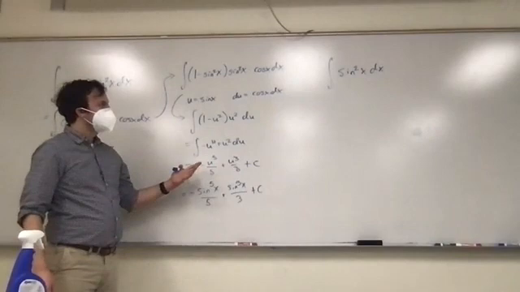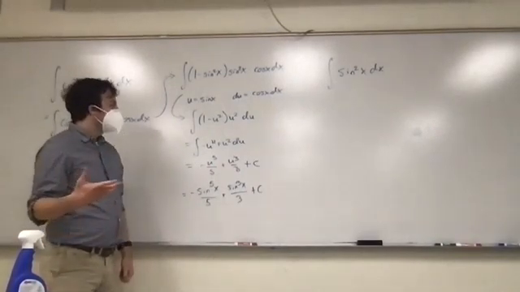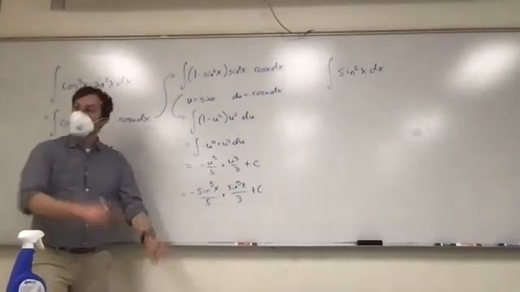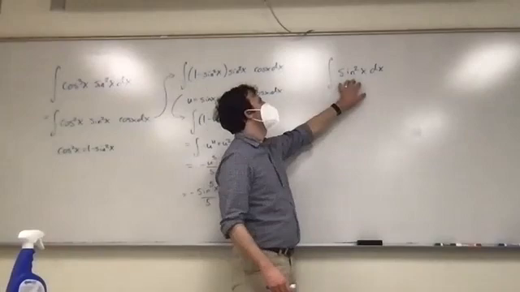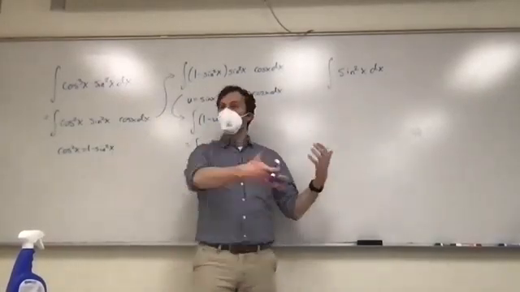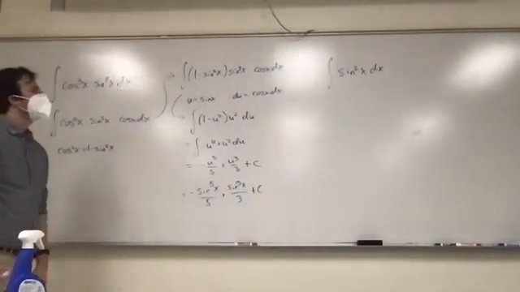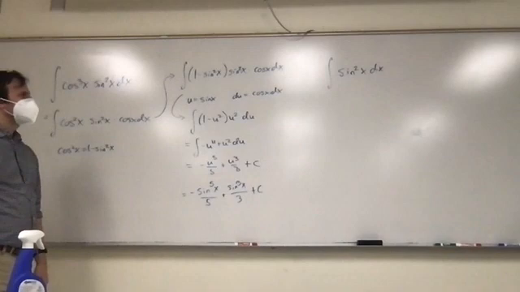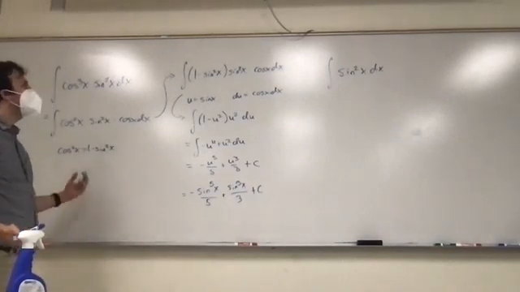Given this, we can't just integrate it, but the trig identity, like the two previous examples, would turn this into 1 minus cosine squared. And that's not any better because now you have cosine squared and you can't integrate that. So in this case, there's a different trig identity.